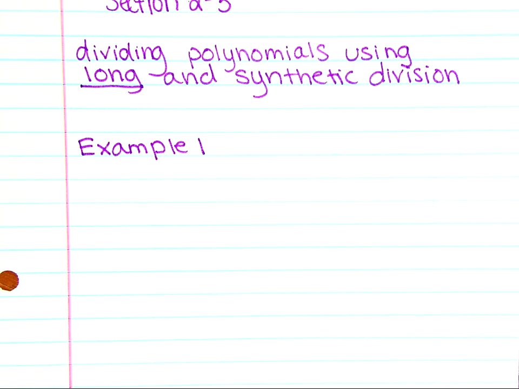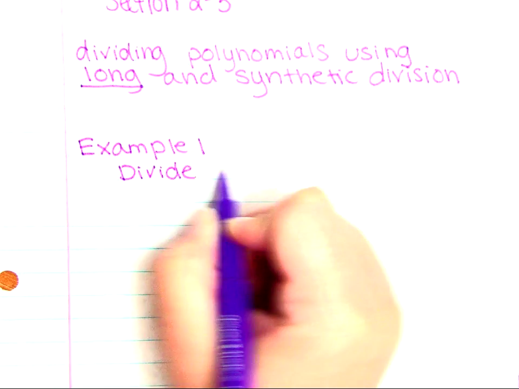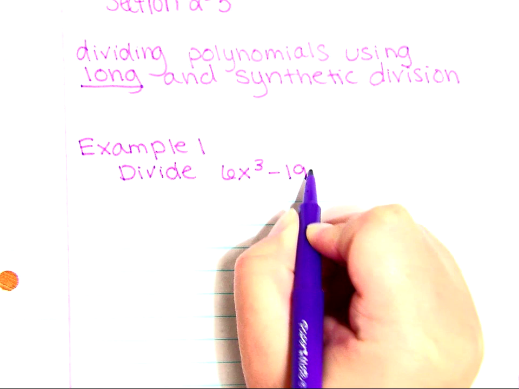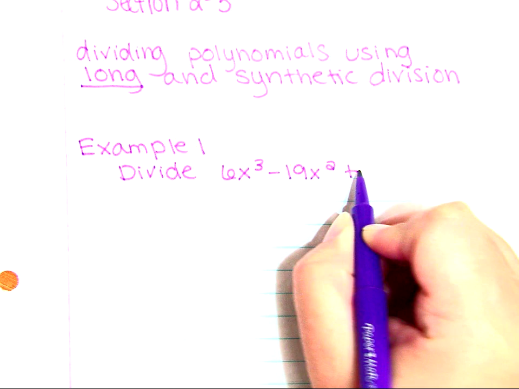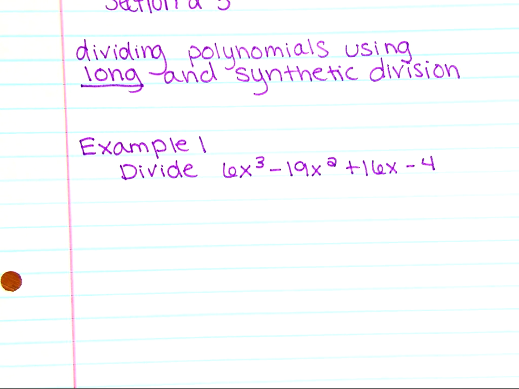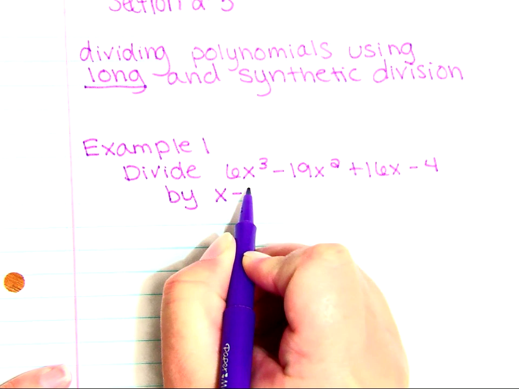This is example 1. We are going to divide 6x cubed minus 19x squared plus 16x minus 4 by x minus 2.